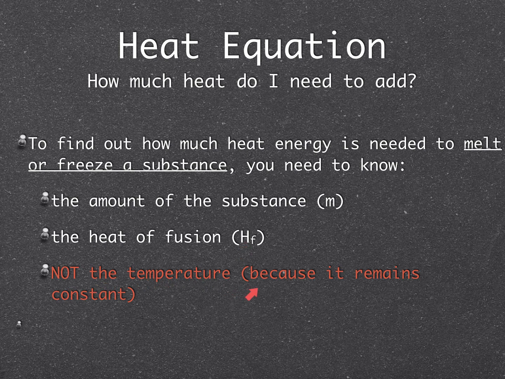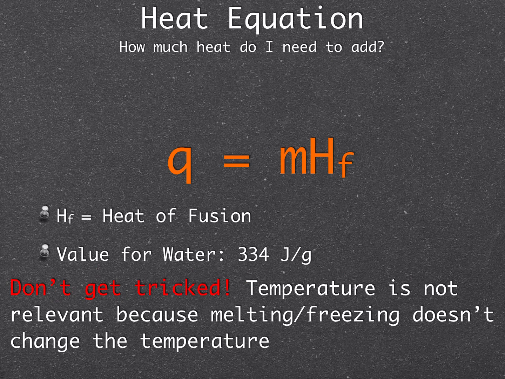Again, the temperature is not used because the temperature remains constant during a phase change. It is not changing temperature. The equation for that is listed here as Q equals mHF. HF, remember, is one quantity. It's one variable called the heat of fusion.